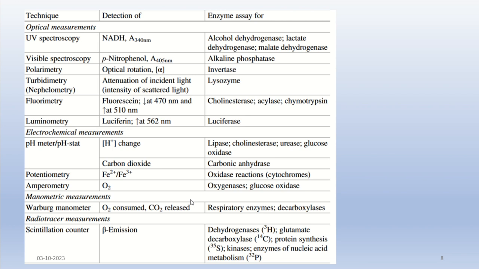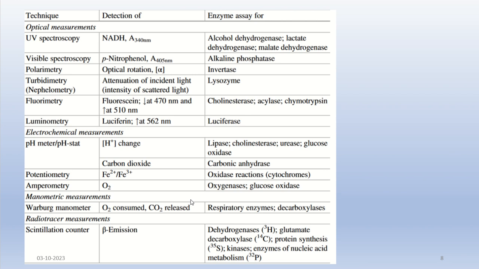Then fluorometry is also a technique through which you see whether the signal is decreasing or increasing at 470 or 510 nanometers. Chymotrypsin or cholinesterase are the enzymes measured this way. Similarly, luciferin, at 562 nanometers, you can measure luciferase by luminometry. These are the instruments you have to remember, with the principle and how they work in enzymology.